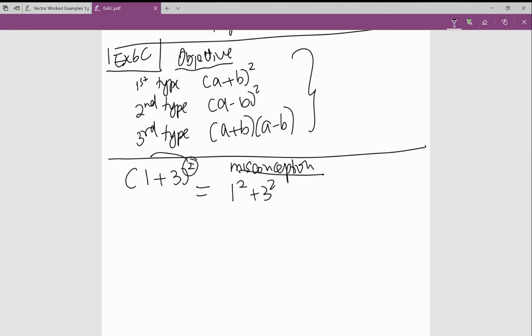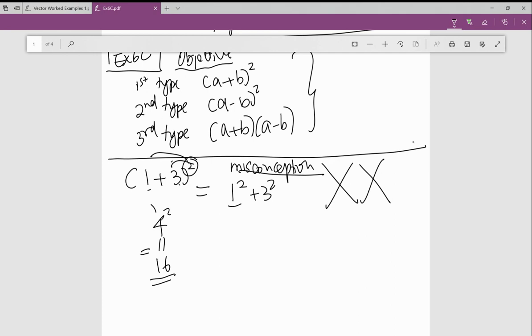They think that the square applies to both. This is wrong. I will show you why. 1 plus 3 is 4. 4 squared is actually 16. Am I right? What is 1 squared? It is 1. What is 3 squared? It is 9. It is 10. Clearly, these two are not equal.